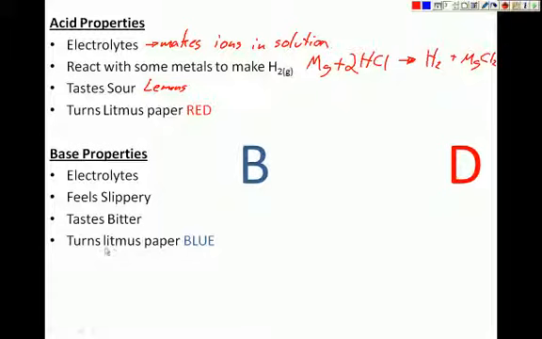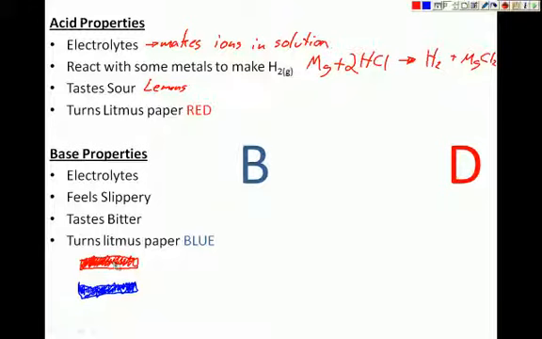Now, what is litmus paper? Litmus paper is just a type of paper with an indicator inside of it. Litmus paper comes in two different colors: a red color and a blue color. It's the same chemical in both of these colors of litmus paper, but when they're placed into a solution, if we have red litmus paper and place it into an acid solution, no change will happen.